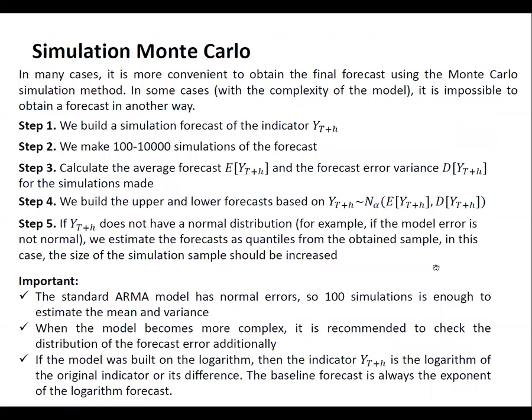Here we talked about the fact that it is impossible to calculate the error variance using the ARMA model. For this, the representation of the ARMA model in the form of a moving average model of infinite order is used.